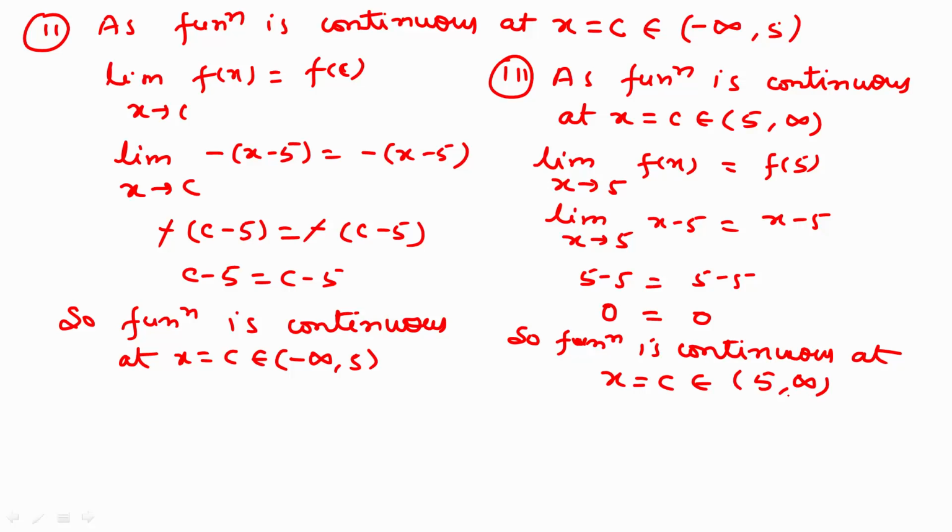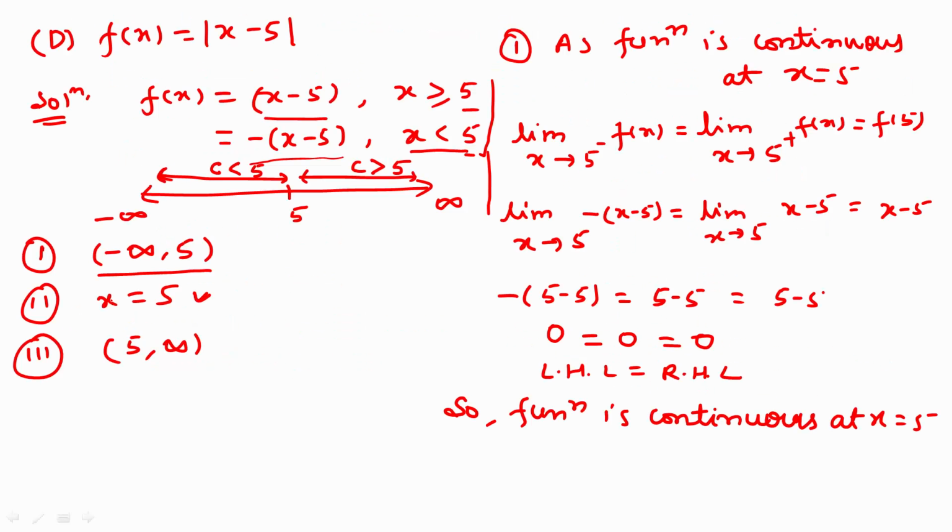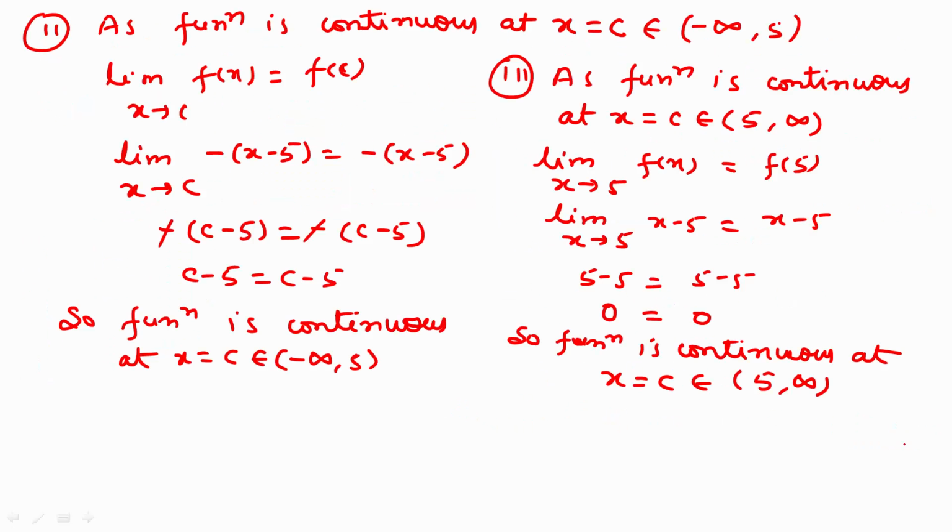So the overall conclusion is that the function is continuous. You can see that in the first case the function is continuous at x is equal to 5. In the second case the function is continuous on the open interval minus infinity to 5, and in the third case the function is continuous on the open interval 5 to infinity.